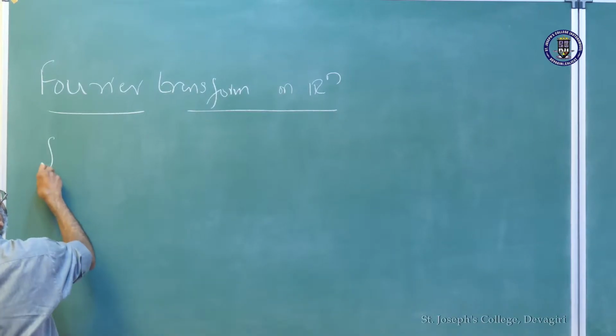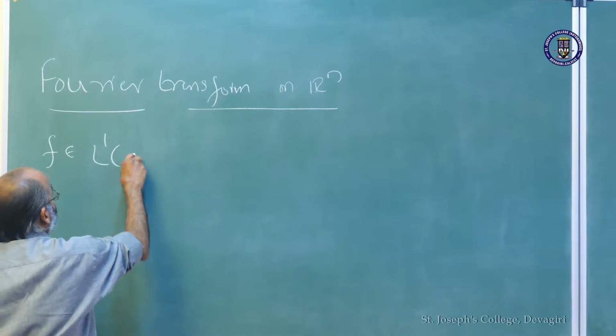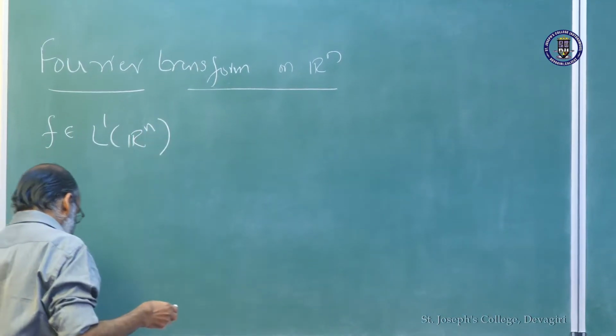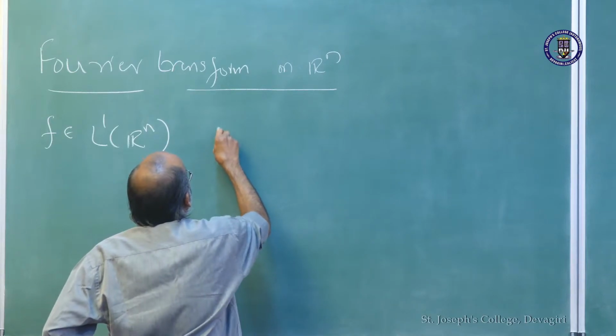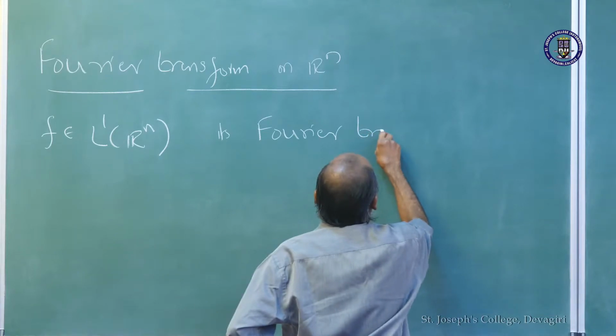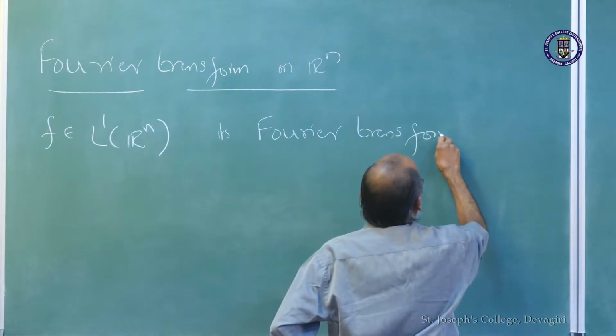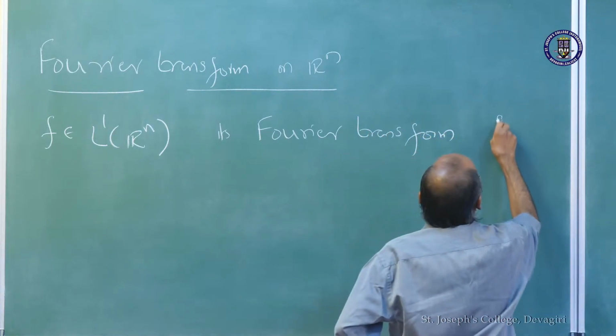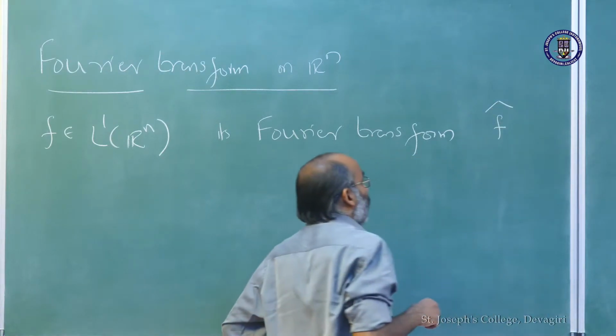So, take f in L1 of Rn. Its Fourier transform is denoted by f hat. Okay.